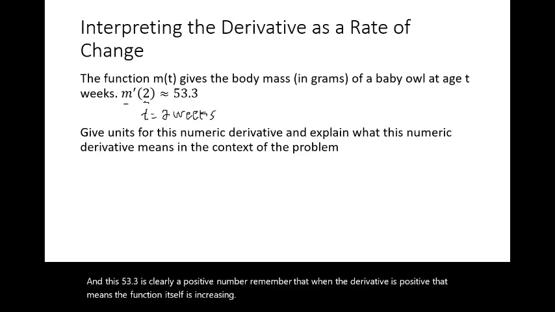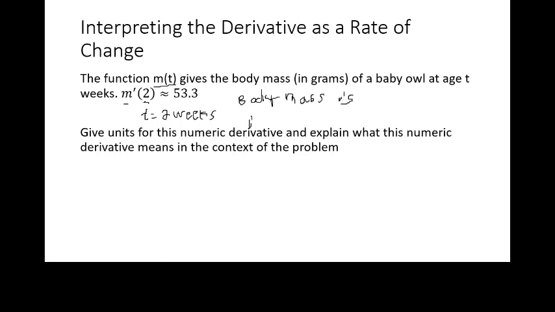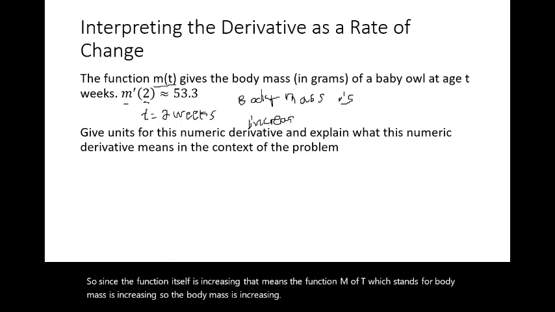So since the function itself is increasing, that means the function m of t, which stands for body mass, is increasing. So the body mass is increasing because the derivative is a positive number. The derivative is a positive number, the slope of the tangent line is positive.